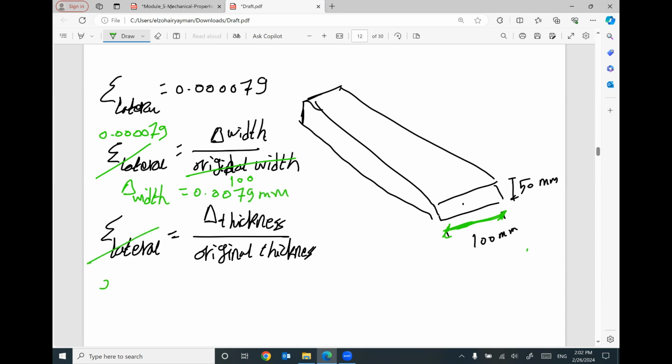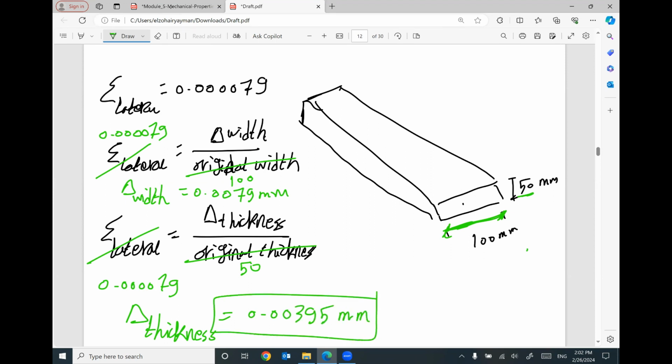This lateral strain 0.00079. The original thickness was 50 millimeter. So I can tell you what will be the change in the thickness, equal 0.00395 millimeter.